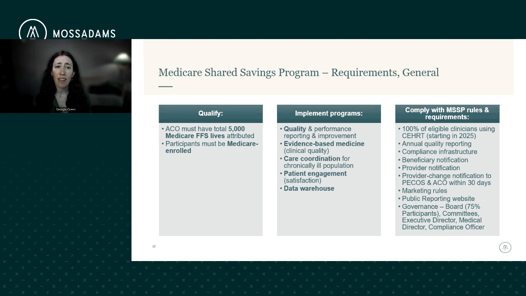You would need to have quality reporting and improvement, evidence-based medicine, care coordination, patient engagement, and data warehouse capabilities. But again, it's very flexible about how you implement those requirements.